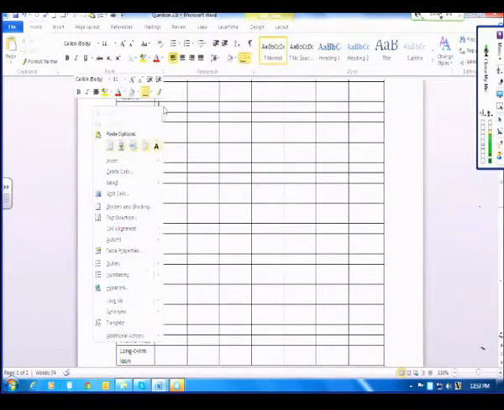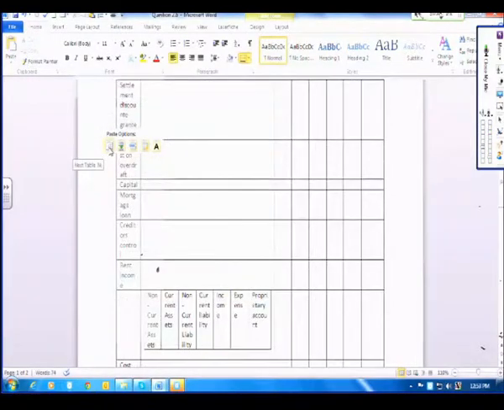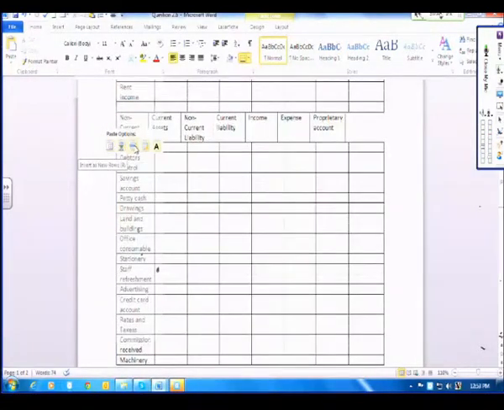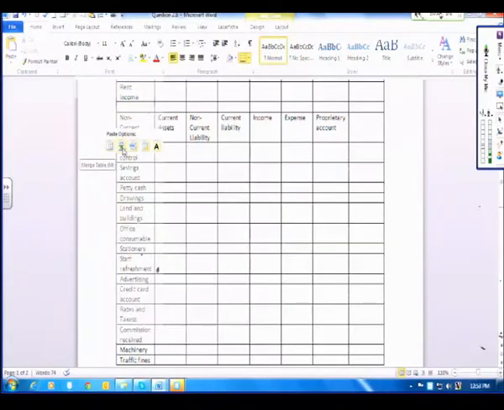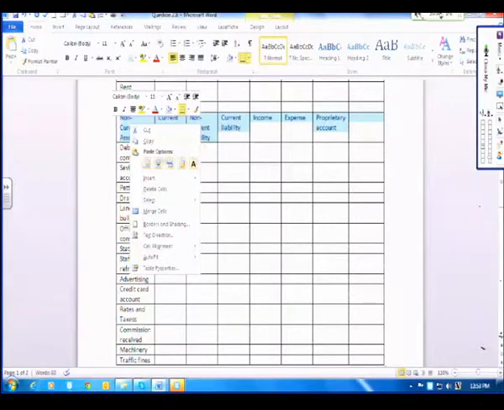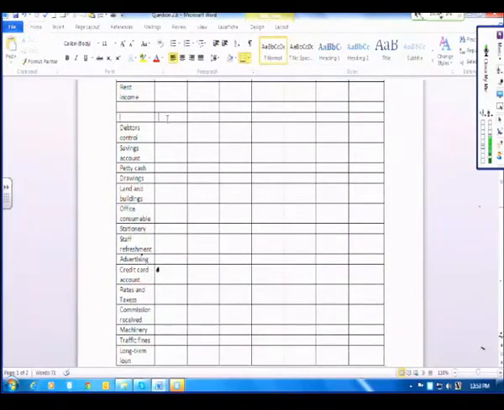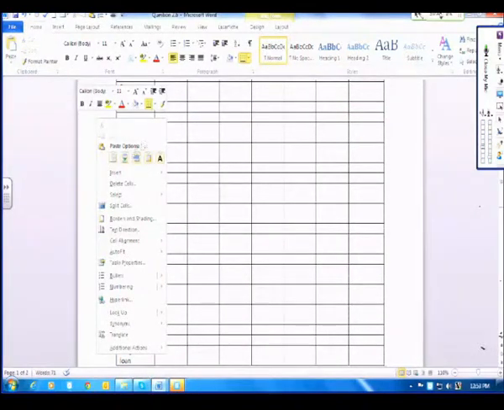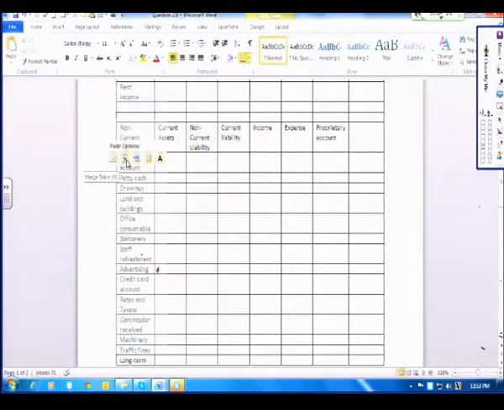So we can just paste that. But we know that this one belongs elsewhere, so we can just cut that, and then paste from here.